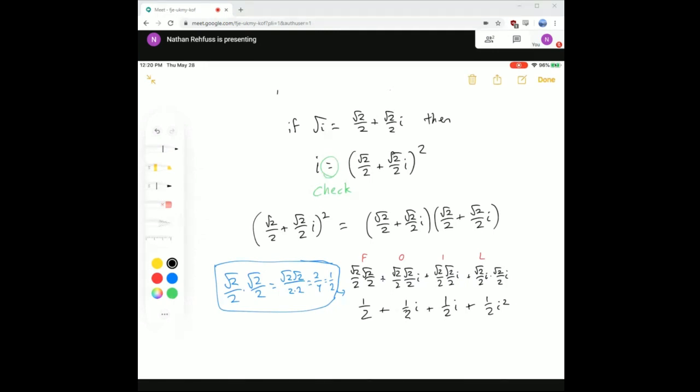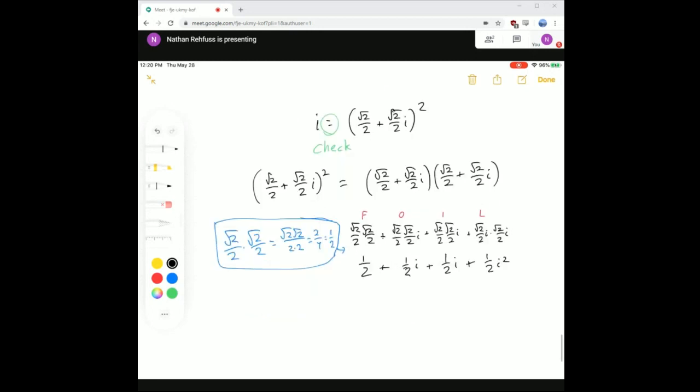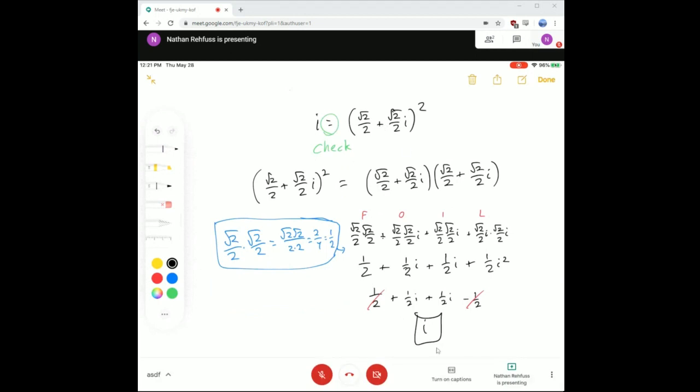Almost there. i squared is negative 1, so this is really 1/2 plus half of an i plus the other half of the i minus 1/2. So these bad boys cancel out. Half of an i plus half of an i is a whole i. So this thing really is the square root of i, because when I squared it, I got i. So there you go.